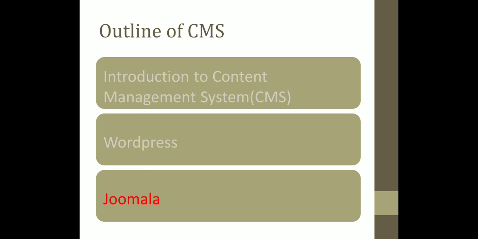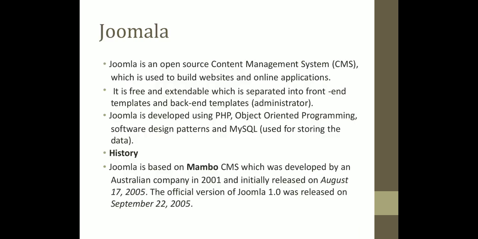Now we are moving to the next CMS example, that is Joomla. Like WordPress, Joomla is also an open source content management system that is used to build websites and online applications. Joomla is open source, which means it is free to use and customize, and it lets you create websites and web applications without having to write code from scratch.